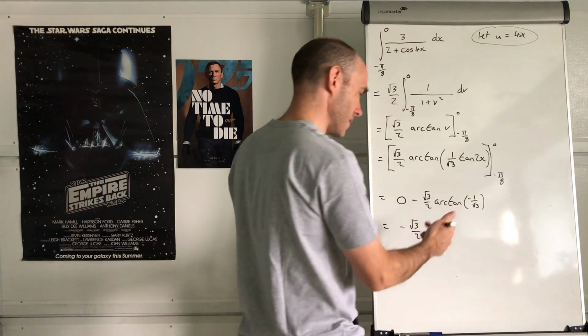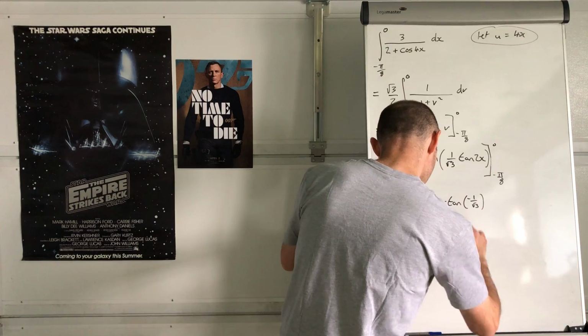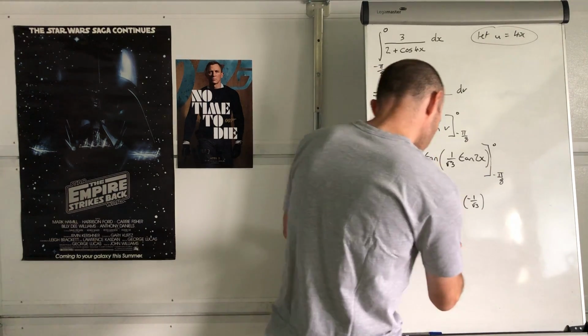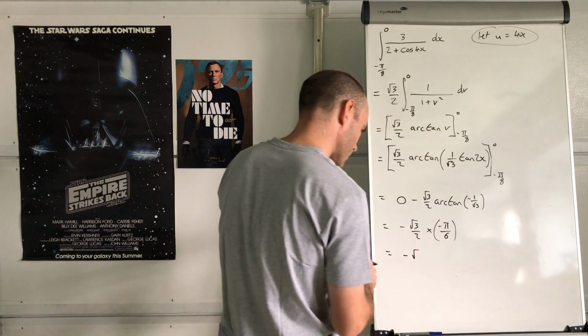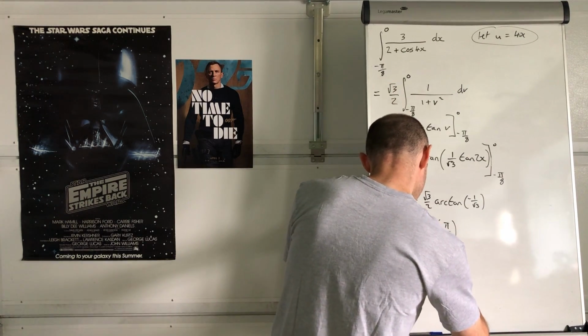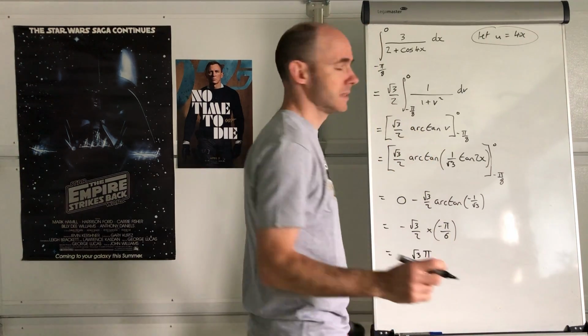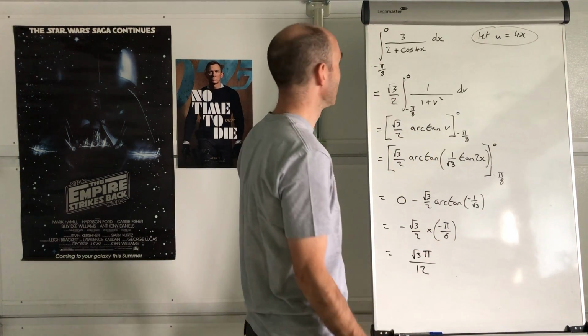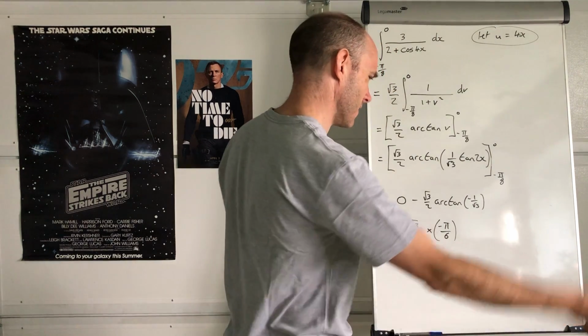So negative of that would be negative pi over 6. And so you're going to have, yeah, negative root, no, 2 negatives, just root 3 pi over 12. Yeah, root 3 pi over 12.